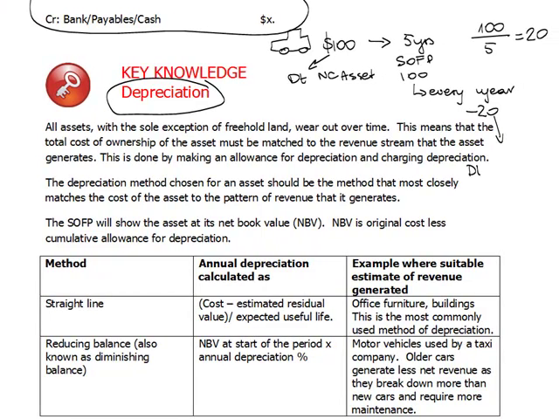So debit depreciation expense, credit, well, technically speaking, non-current asset, but in reality the accounting tradition is that you record this depreciation as a separate account, which is called allowance for depreciation.